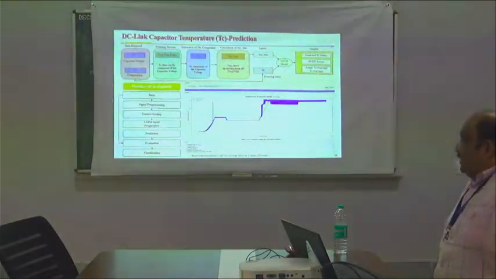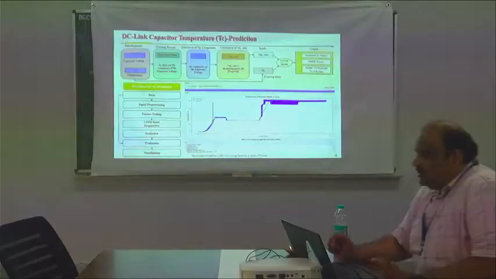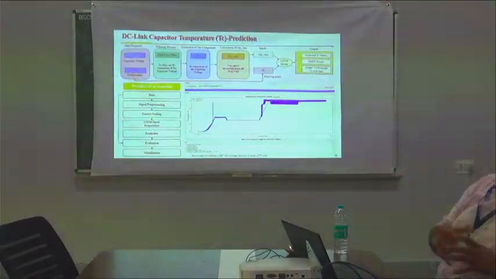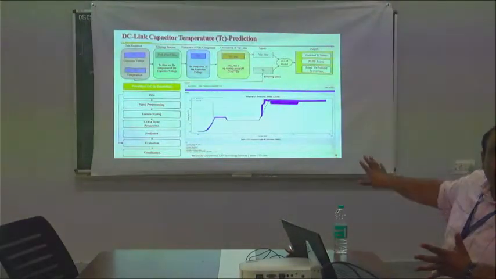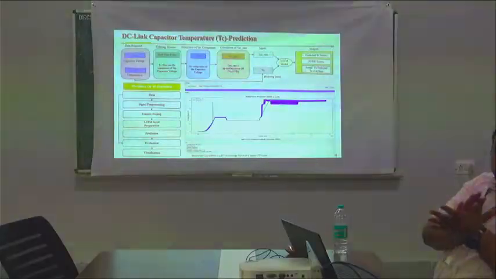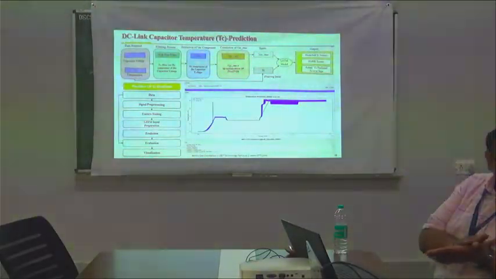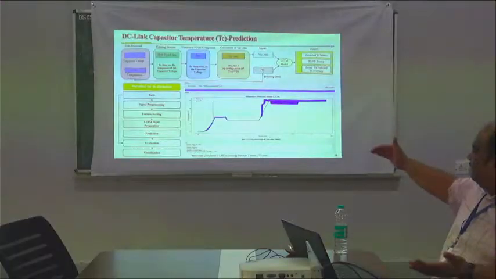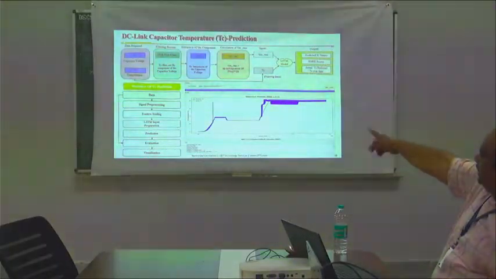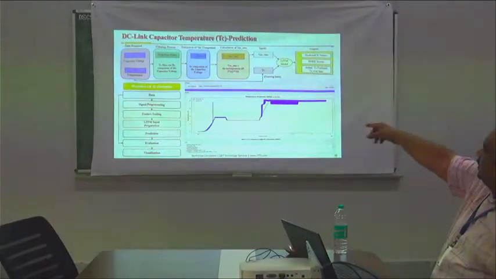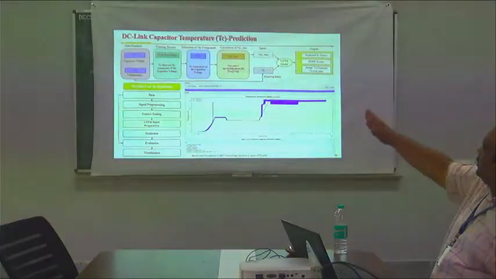What is best here is that we are estimating the temperatures in the capacitor from this operation, and checking whether the estimated temperature from our trained algorithm matches the real time or not. That is the high pass filter, the signal processing that we followed.